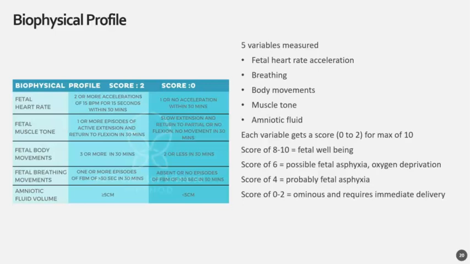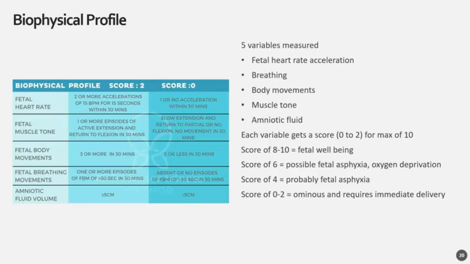Biophysical profile uses a combination of factors to determine fetal well-being. 5 variables are measured. NST measures fetal heart rate, acceleration. Ultrasound measures breathing, body movements, tone, and amniotic fluid. Each variable receives a score of 0, abnormal, absent, or insufficient, to 2, which is normal or present, for a max score of 10.